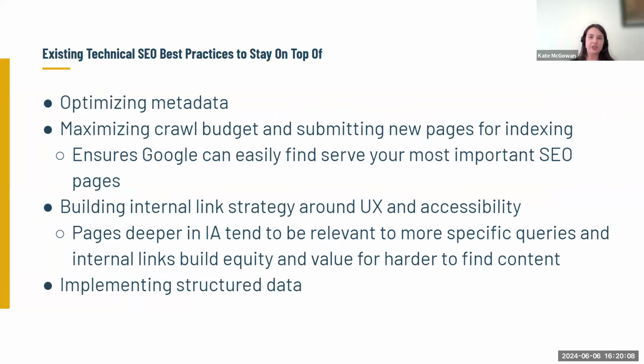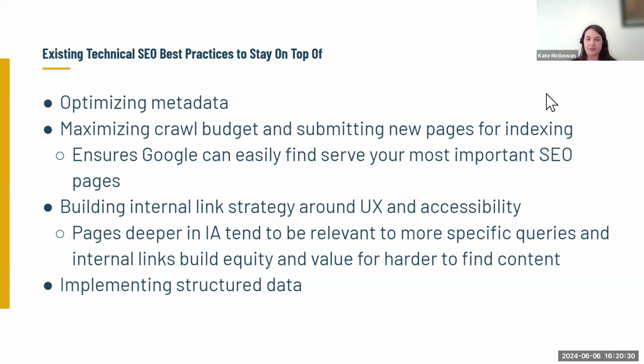Many of the other recommendations we have for the AI overviews and optimizing for this feature of AI-powered search are really in alignment with technical SEO best practices that are directed towards making it easier for search engines to discover and categorize the words, content, and information on your website.